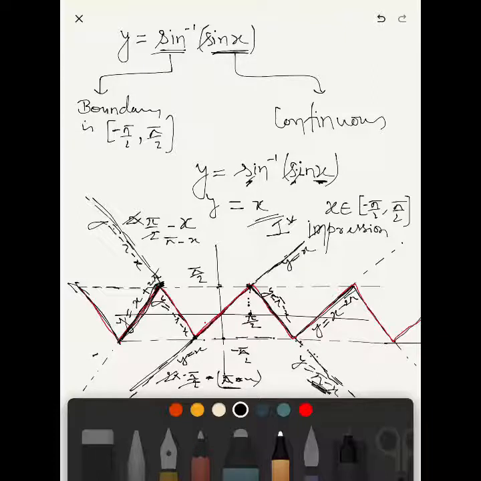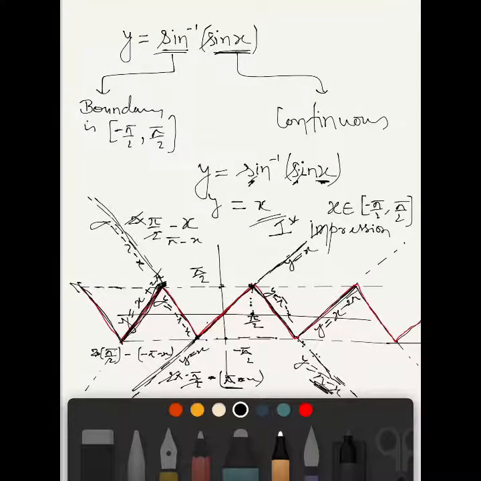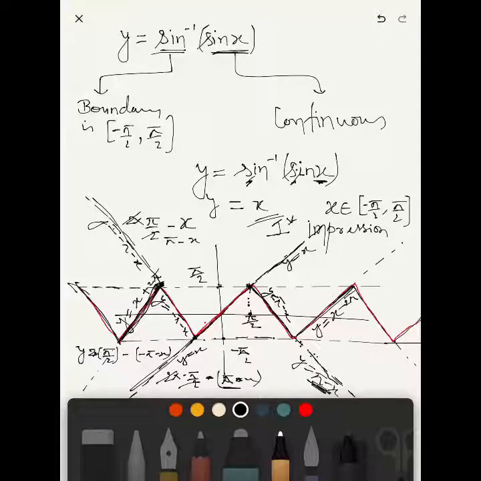See, 2 into pi by 2 minus graph, your graph is minus pi minus x, y is equal to, okay. Solve this, you will get this, okay.